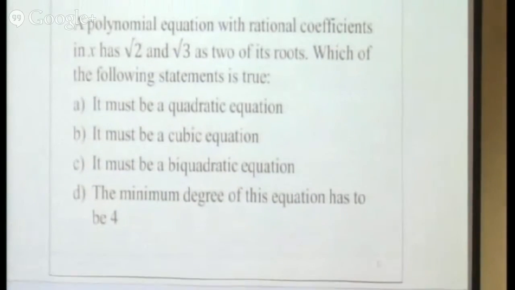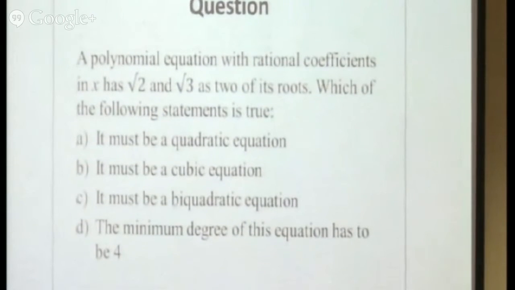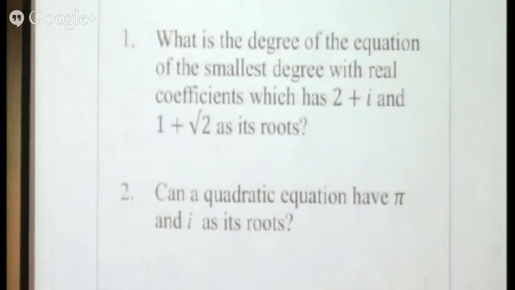Okay. Let's see the next question. This is just a similar problem. What is the degree of the equation of the smallest degree with real coefficients, which has 2 plus iota and 1 plus root 2 as its roots?